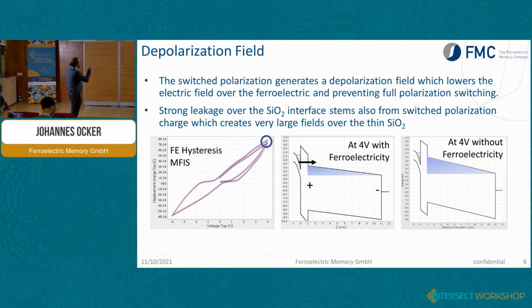So you switch the polarization like this, and this reduces the field over the ferroelectric and increases the field over the silicon dioxide, and then you get a massive amount of current. And this is also what you use in the FTJ that Stefan showed to make 2 different states in the FTJ.